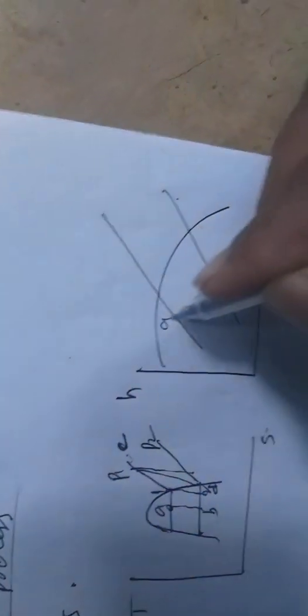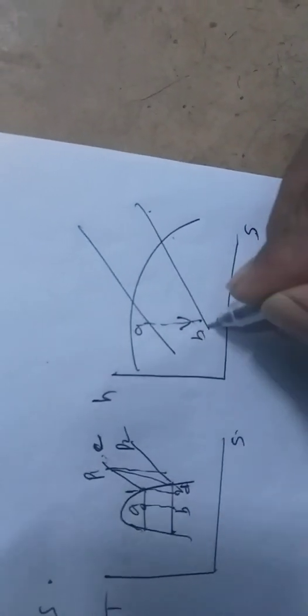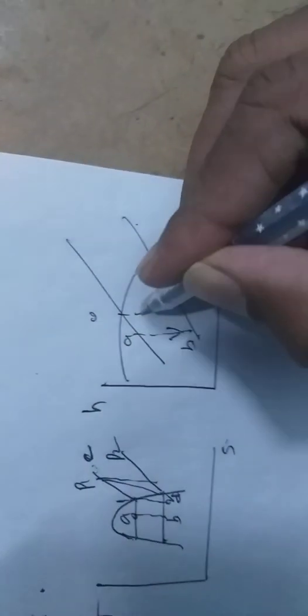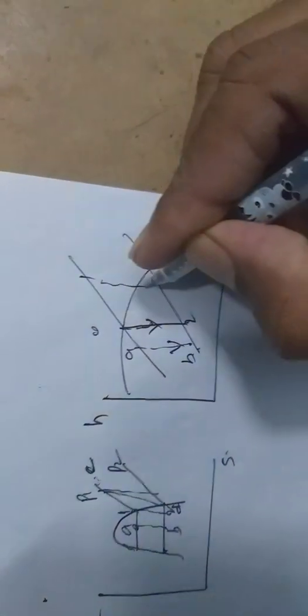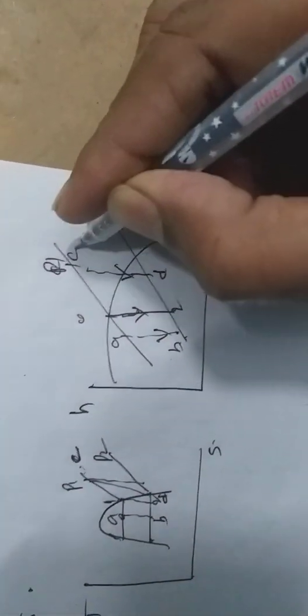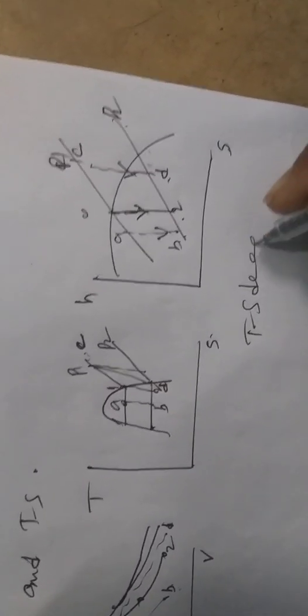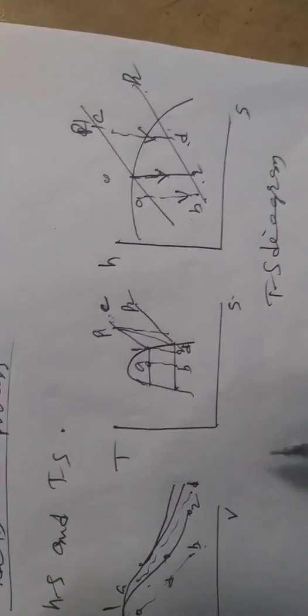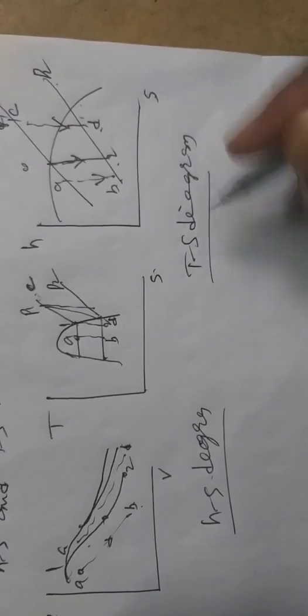These are P1 and P2, the three steps 1, 2, D, C. This is the TS diagram and this is the HS diagram.